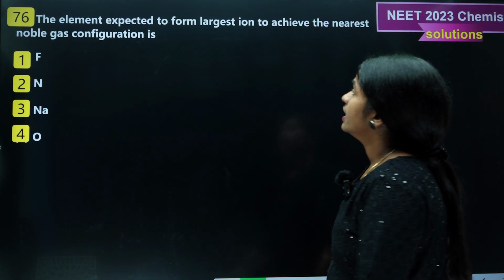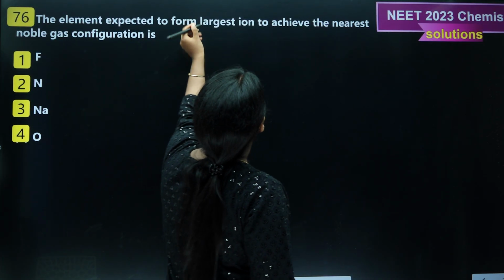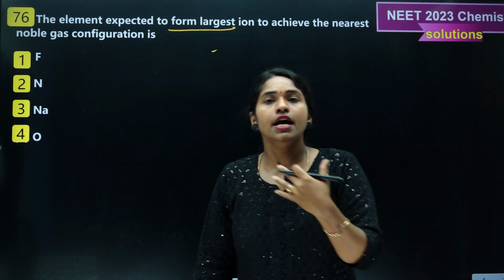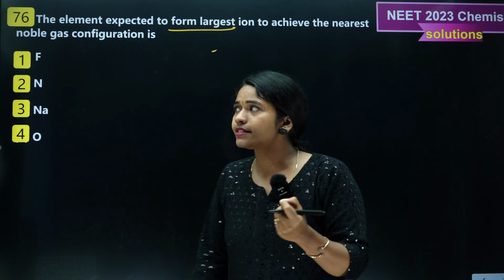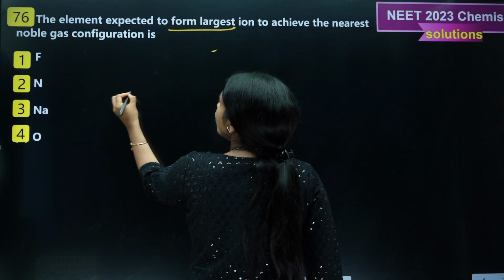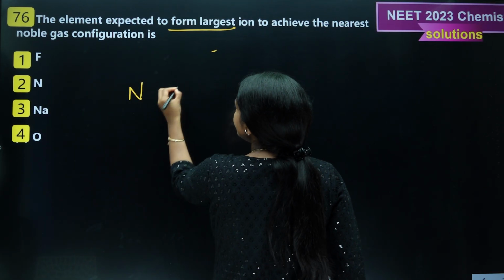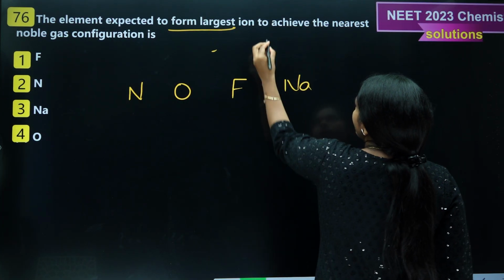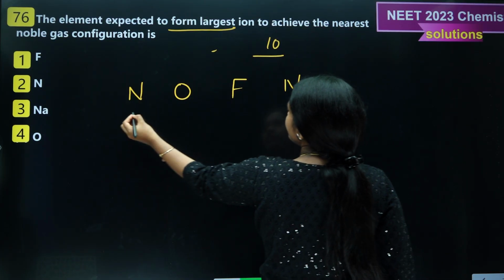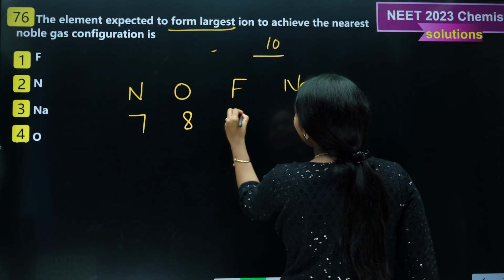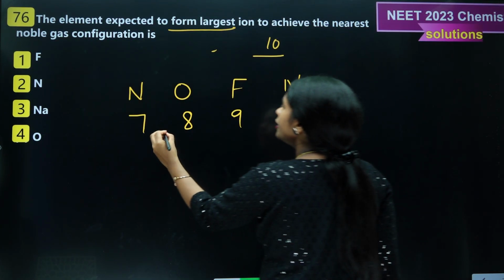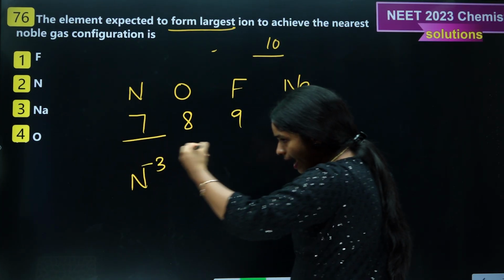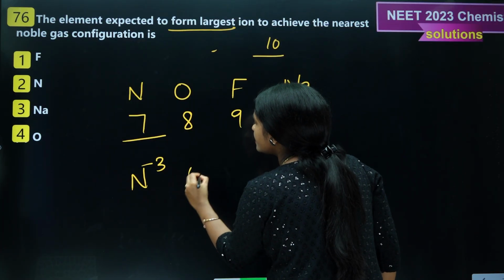See the next question. The element expected to form the largest ion to achieve the inert gas configuration. See here, nitrogen is given, oxygen, fluorine, sodium. So 10 electrons it has to get. Atomic numbers are 7, 8, 9, 11. In order to get 10 electrons, nitrogen has to accept 3 electrons, so N minus 3.